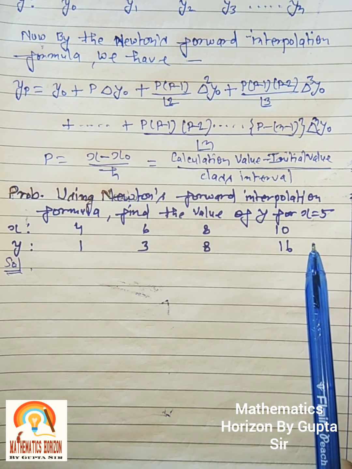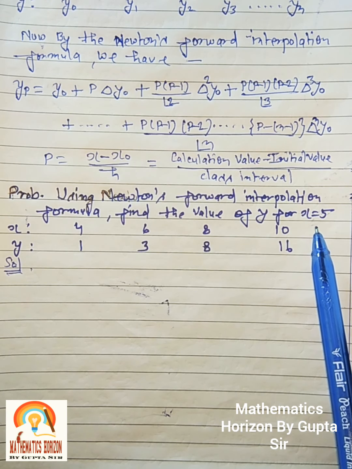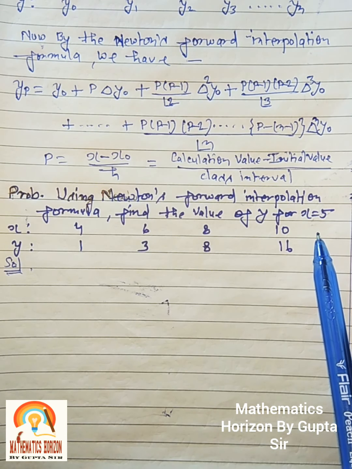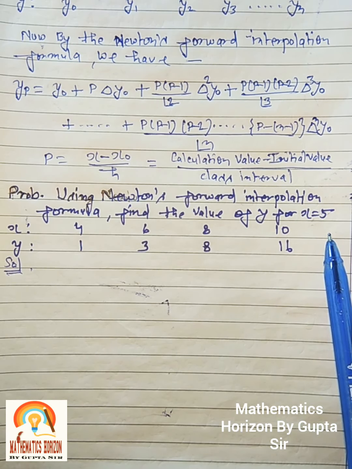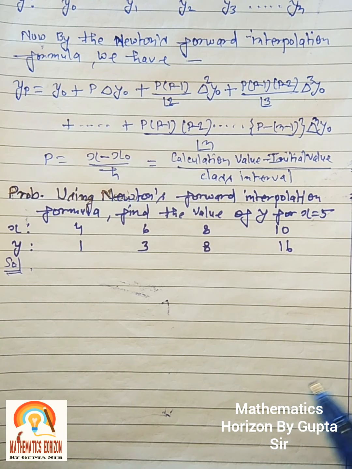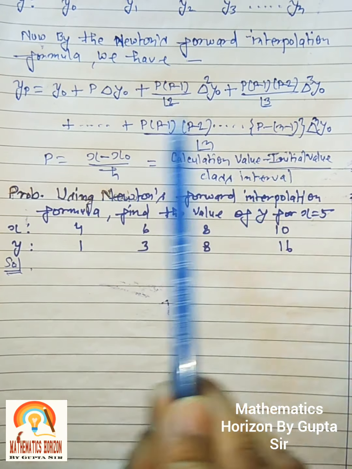If the interpolated value, here x equal to 5, is near the beginning of the table, then we will always use Newton's forward interpolation formula. We have to apply this formula.